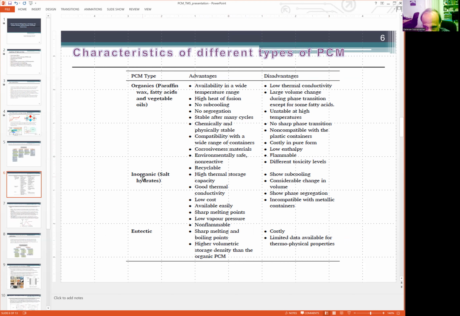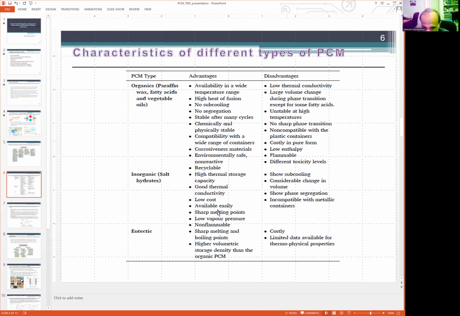Now, the inorganics have some salt hydrates, have high thermal storage capacity, good thermal conductivity, low cost, available easily, sharp melting points, low vapor pressure, and non-flammable. But they do show subcooling, considerable change in volume, sometimes show phase segregation, and they are incompatible with metallic containers.